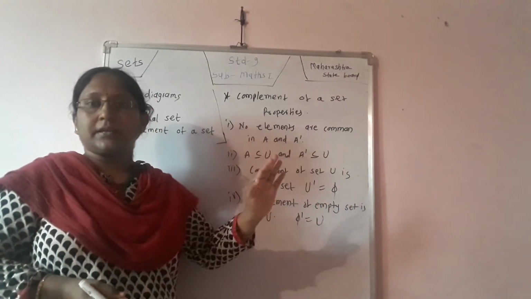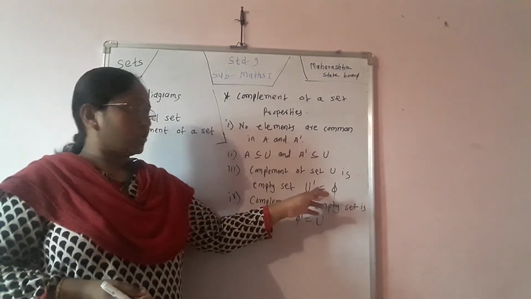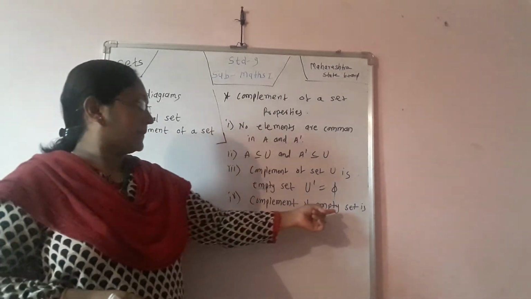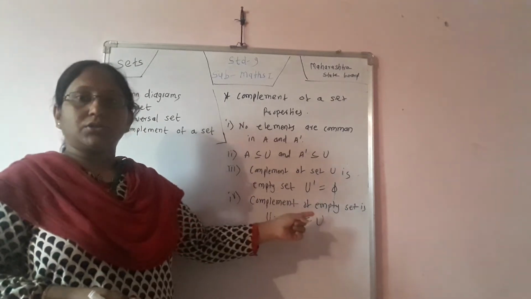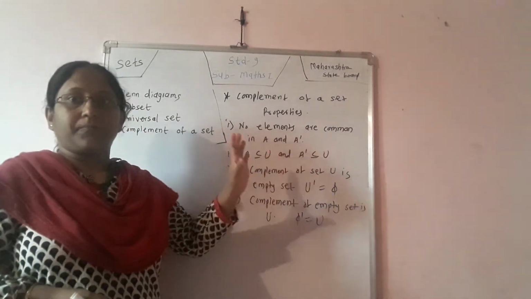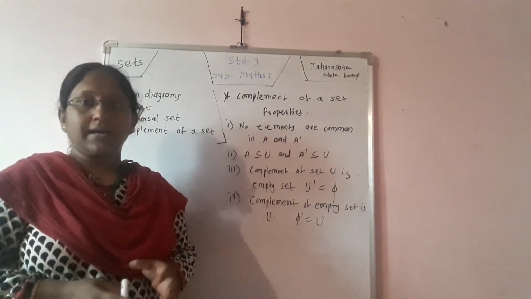The complement of the universal set is the empty set, and U dash is equal to phi. Then the complement of the empty set is U, and phi dash is equal to U, since the complement of a complement is the set itself.